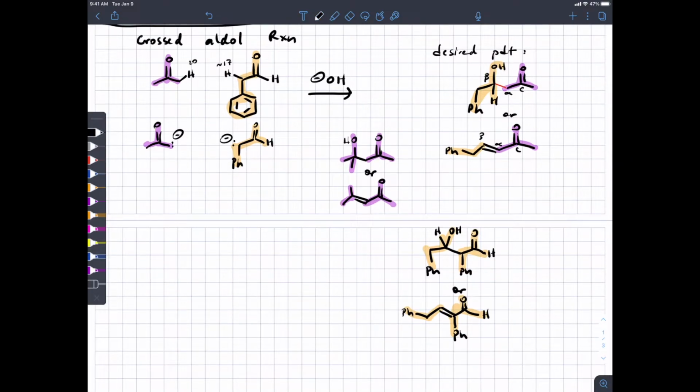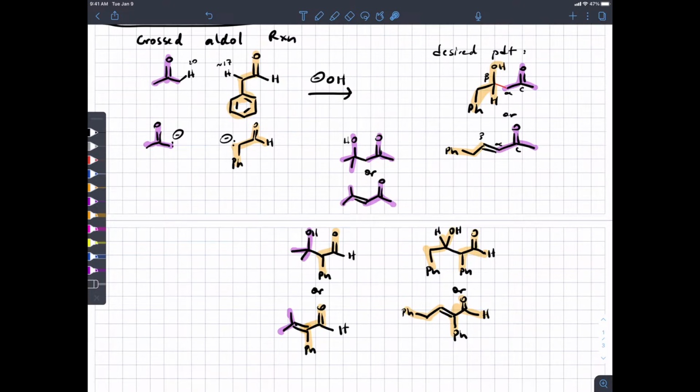And then finally, I'm getting tired of drawing products, you have the possibility that the aldehyde enolate reacts with the ketone, and then the other possibility of the alpha beta unsaturated molecule forming. We're going to make life a little easier and say that each of these represents one aldol product, because I would accept either one as the correct answer.